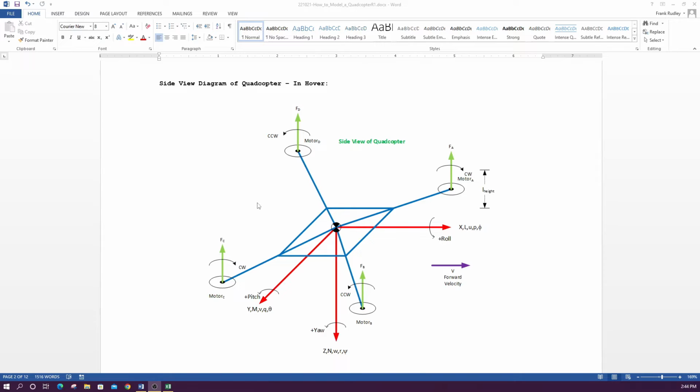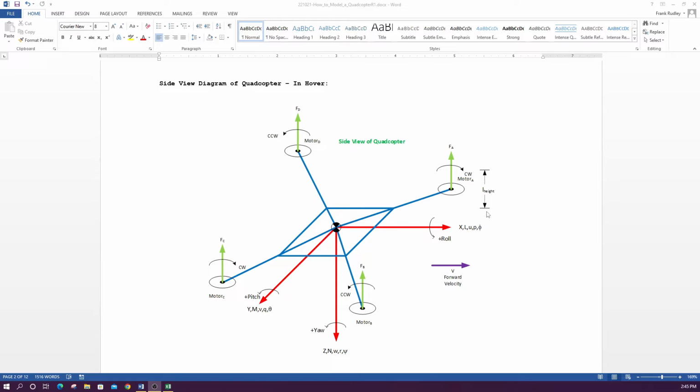The blue line is our airframe body, and we have motor A, motor B, motor C, and motor D with propellers on them. Motor A is going clockwise, B is counterclockwise, motor C is clockwise, motor D is counterclockwise. So we generate these four forces: force A, force B, force C, and force D. This would be a case where we're just hovering, just trying to counteract the weight of the airframe.